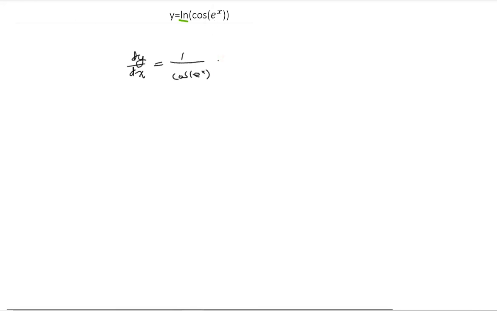That's going to be cosine. So we'll underline that in blue. Derivative of cosine is going to be negative sine, and then whatever is inside the function stays the same, e to the x. And we can go ahead and underline this in blue, because that's the derivative of cosine. Underline this in green, because that's the derivative of natural log.